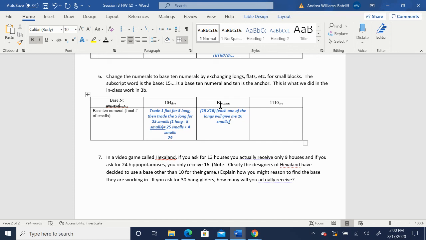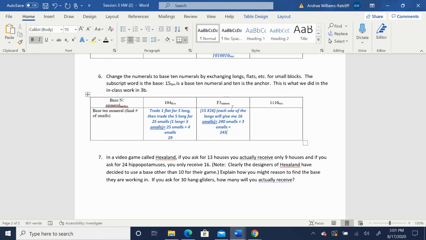Of course, 6 times 5 is 30, and 1 times 5 is going to be 5. So when I combine that, I get a total of 240 smalls from that trade, plus the 3 smalls that are already there. So a total of 243 smalls all together in base 16.